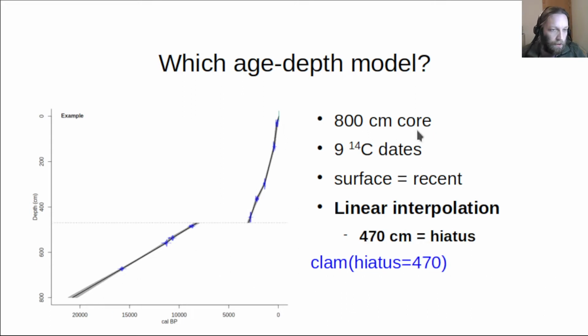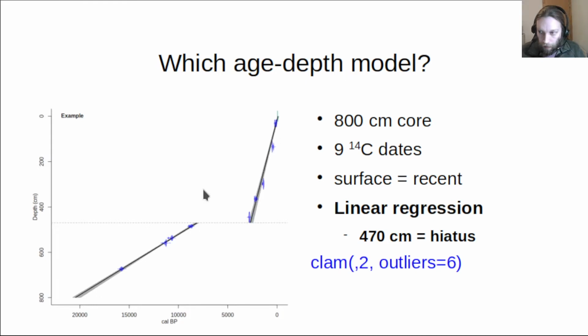Or you can imagine a hiatus, so the site has been accumulating quite straight, quite linearly, then something happened which caused a gap in the record, and that gap lasts for a good few thousand years, and after that the site starts accumulating again at a faster rate. Seems quite a likely model in this case.